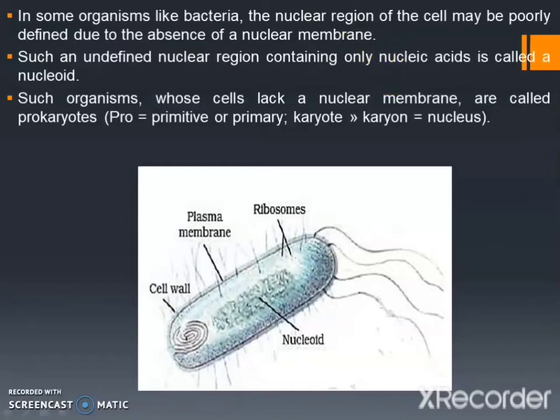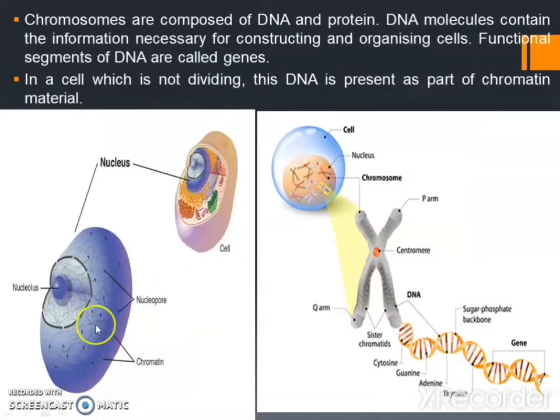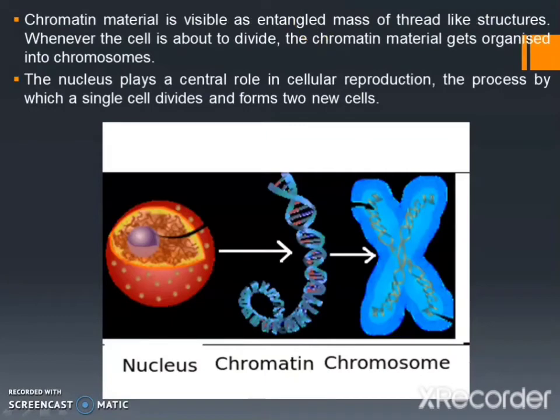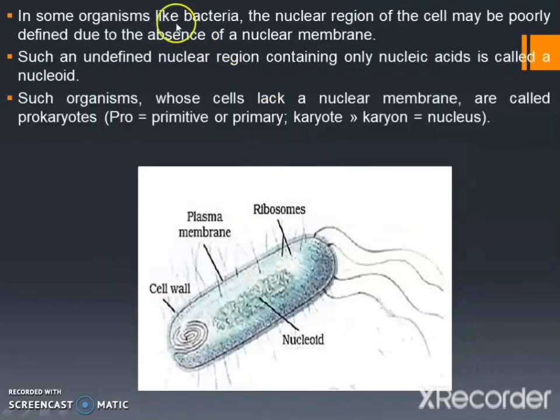In other cells like human cells, we learned that surrounding the nucleus there will be a nuclear membrane, right? But in some organisms like bacteria, they do not have a nuclear membrane surrounding the nuclear region. So the nuclear region of the cell may be poorly defined. So we cannot say that it has a properly defined structure of a nucleus.